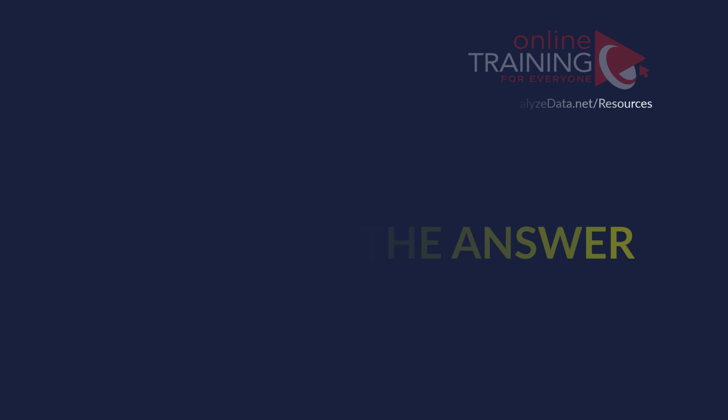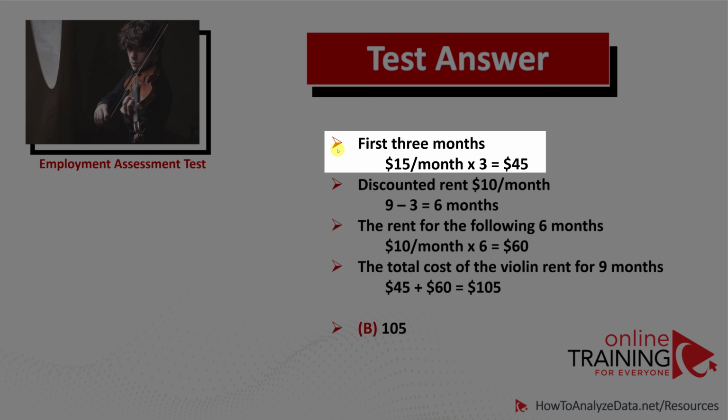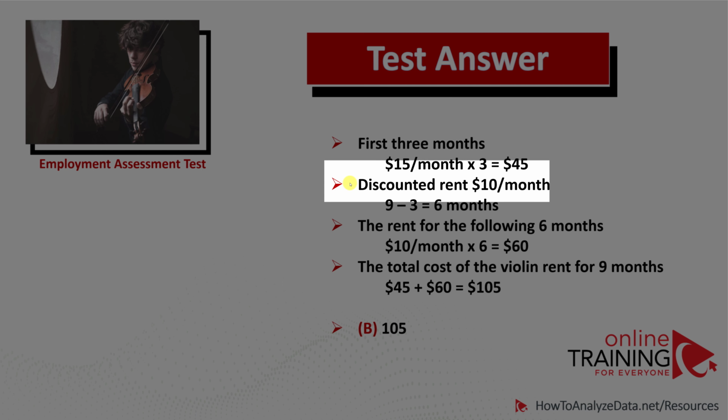To calculate correct values, we need to do 2 separate calculations. First, we need to calculate the value for the first 3 months, which would be an equivalent of the rent $15 per month multiplied by 3. The value would be 45. This is the total student will pay for the first 3 months. After first 3 months, student will have a discounted rent, $10 a month.